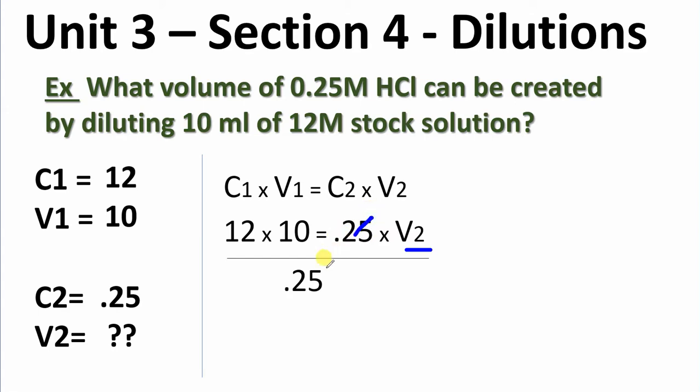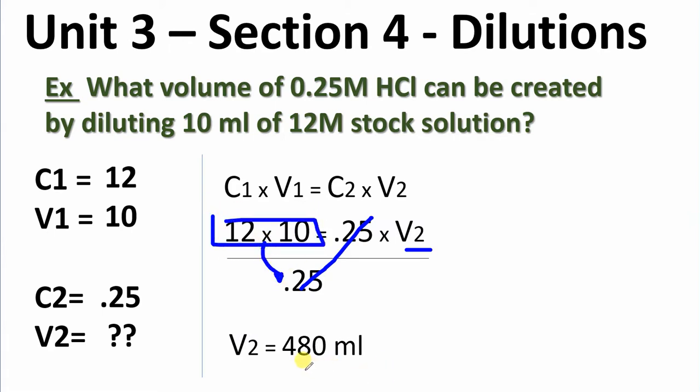So our 0.25s cancel out on this side, and our equation becomes 12 times 10 divided by 0.25. When you do that, you should get 480. And what would the units be? The units in this question are going to be milliliters. Why? Because our V1 was measured in milliliters. We had 10 mL, so the units here are going to be the same as the units there.